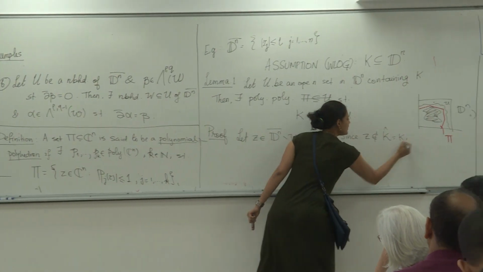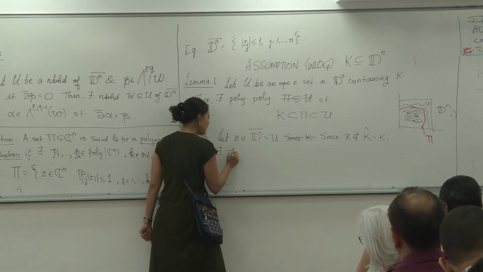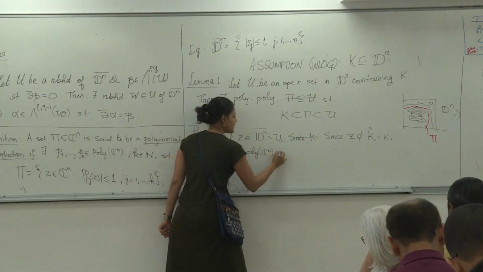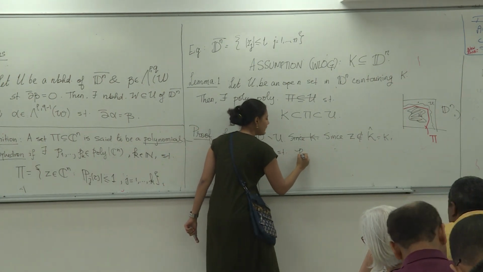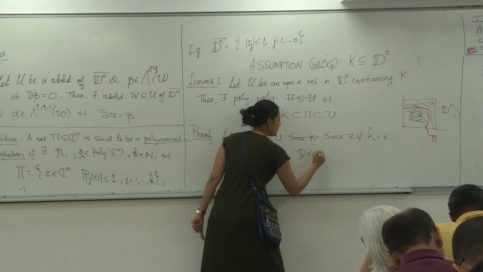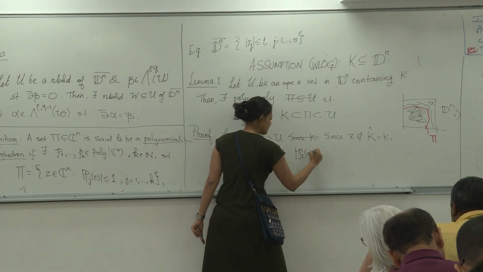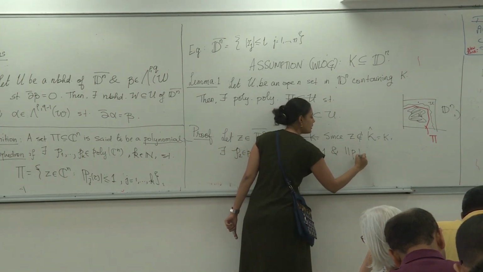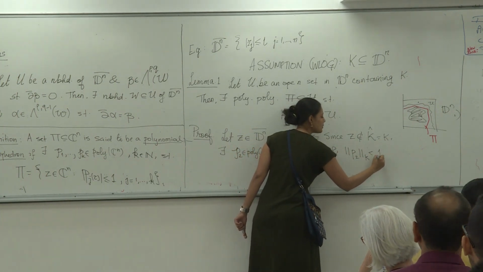There exists a polynomial on Cn such that the absolute value of this at Z is 1, and I can take its norm on k to be less than 1.